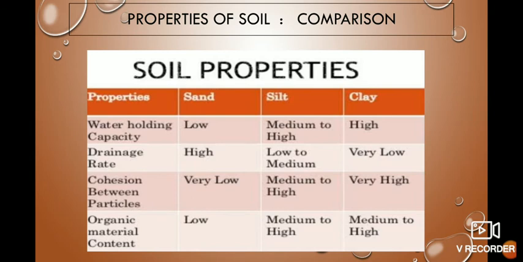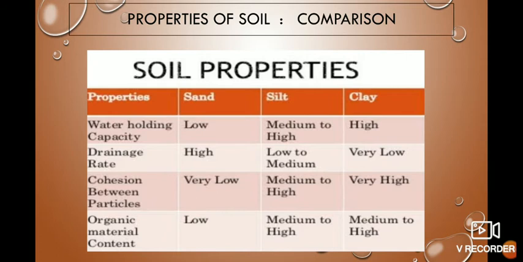Now here is a small comparison of different properties of sand, silt and clay. If you see the water holding capacity, sand has the lowest and clay has the highest. Drainage rate is the opposite. The drainage rate of sand is very high, which means it can easily drain down. For clay it is very low.